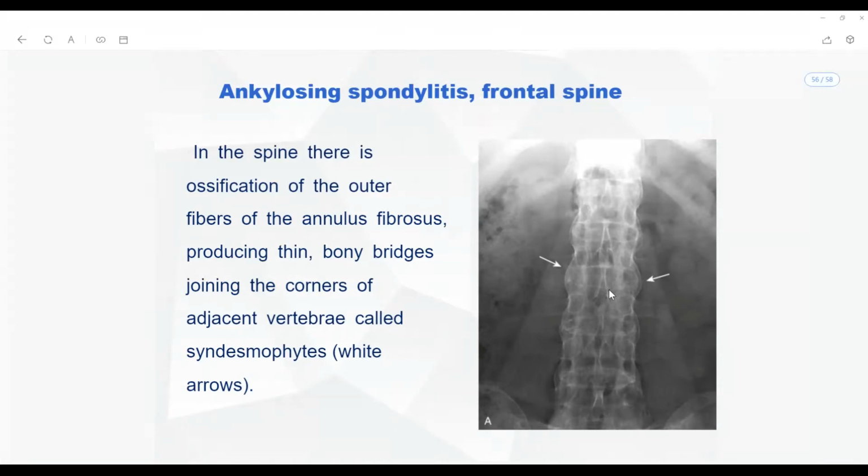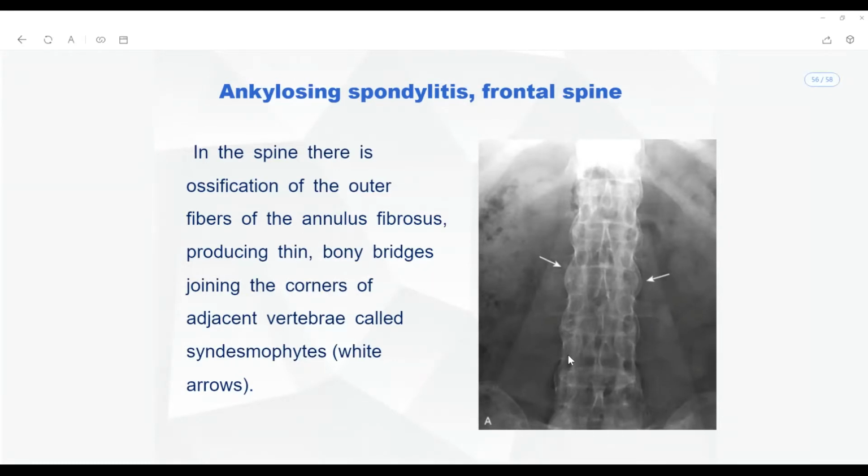From the outside, all of them are joined together. But when you cut the bamboo inside, you can see that there are different stages, stair-like things. So it is joined not only on the inside but also on the outside. Such a condition we call syndesmophyte formation, which gives the appearance of a bamboo spine. This is the most important thing that you have to remember about ankylosing spondylitis.